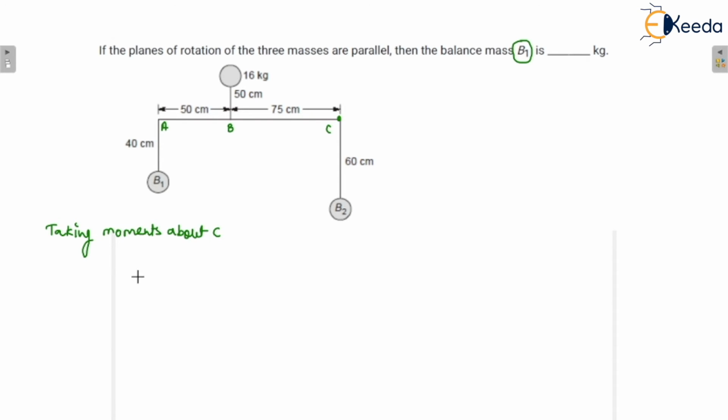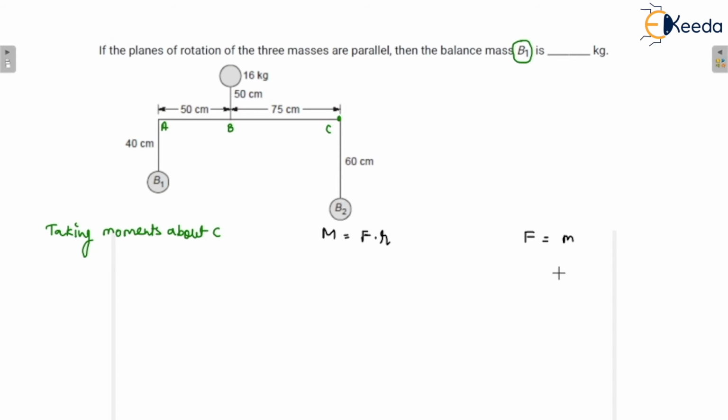Taking moments about C means, what is moment? Moment is force multiplied by distance. This is the perpendicular distance basically. Here the force is centrifugal force, and the force is m r omega square.